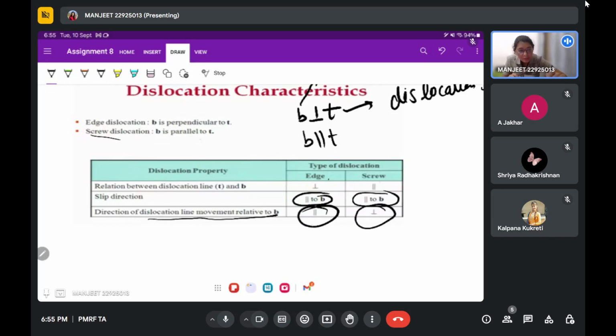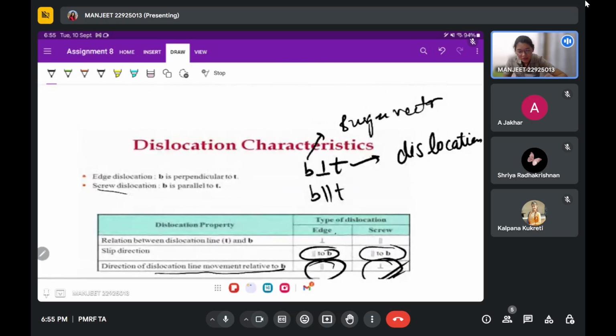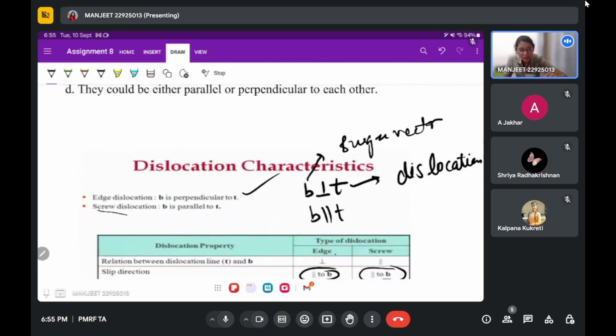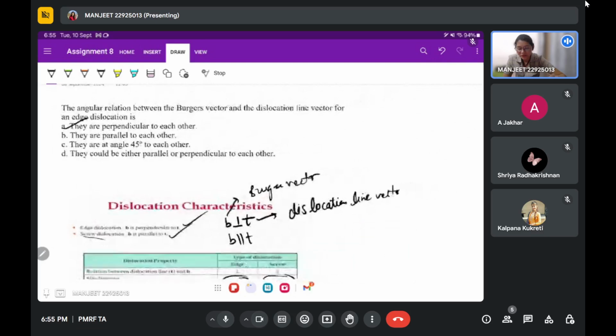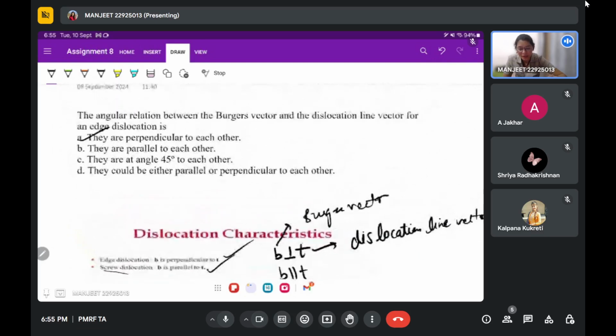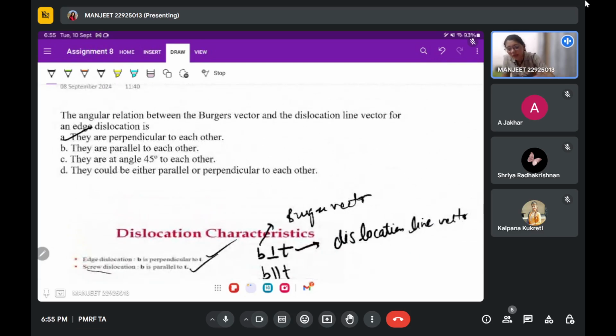For the edge dislocation, B is perpendicular to T. In the screw one, B is parallel to T. So for this one, A will be the right answer because it asks about the edge dislocation. So A is the correct answer.